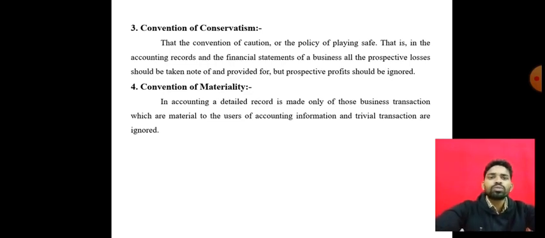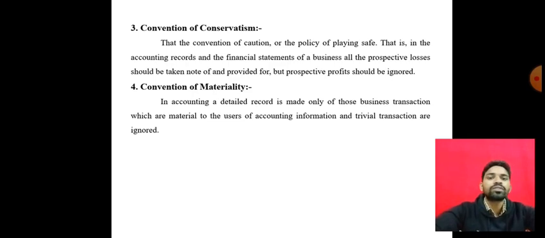All anticipated losses should be recorded in the books of accounts, but anticipated incomes or revenues are not recorded, or are ignored. This is the convention of conservatism.